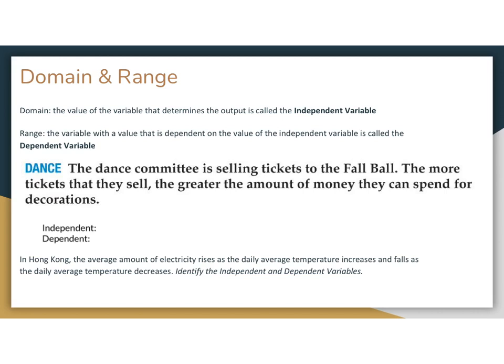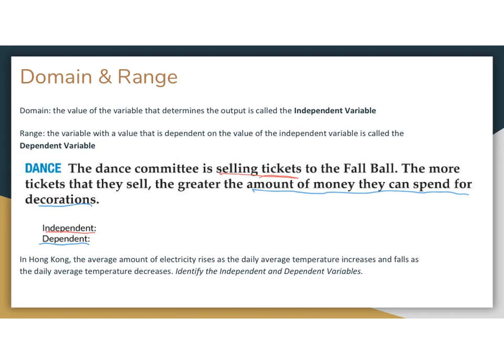You'll notice that the independent is the number of tickets. And the dependent is the amount of money they can spend for decorations. So those are the independent and the dependent.